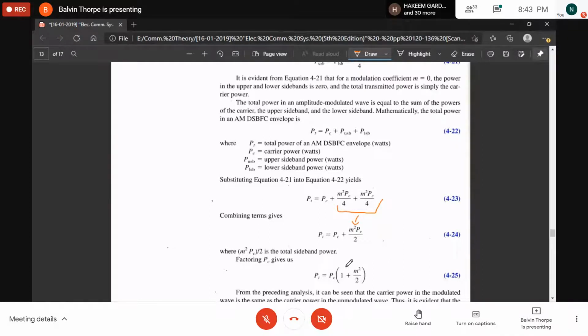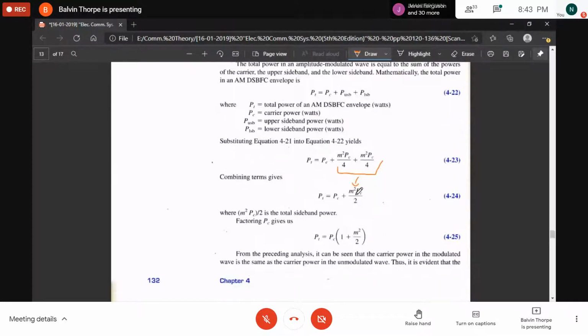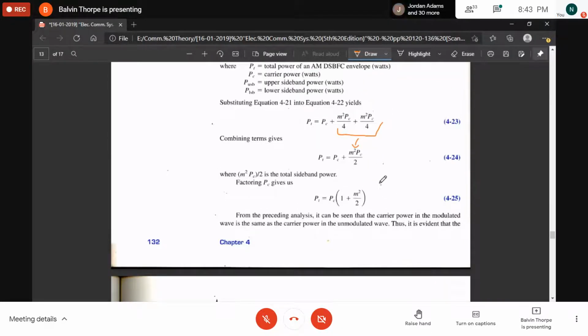So from this now, we can actually factor out PC. So factor PC out, and get the total power equals PC times 1 plus m squared over 2. And this is the proof of how you get the power in an AM wave.